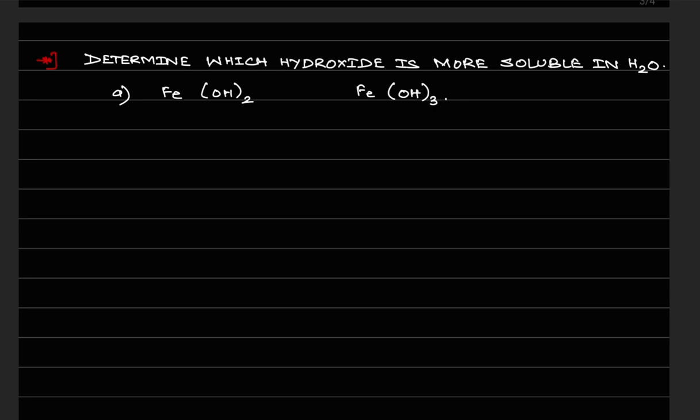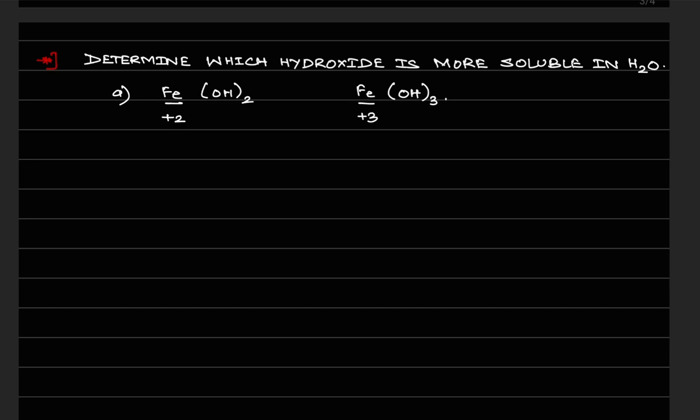However, the difference will now come with Fe. Over here, it is in +2 oxidation state and over here it is in +3 oxidation state. Because Fe is in +2 and +3, we know that +3 oxidation state will show more covalent character, and because it is showing more covalent character, it will have less ionic character.